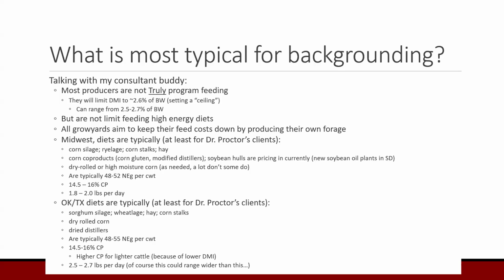Okay. All grow yards aim to keep their feed costs down by producing their own forage. And that cheaper ingredient that they grow in-house, they're going to want to maximize its utilization. Okay. Midwest diets are typically corn silage, corn stalks, and hay, plus corn co-products, so corn gluten, modified distillers, soybean hulls.